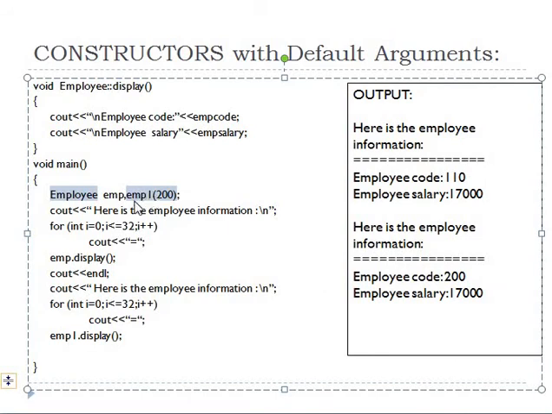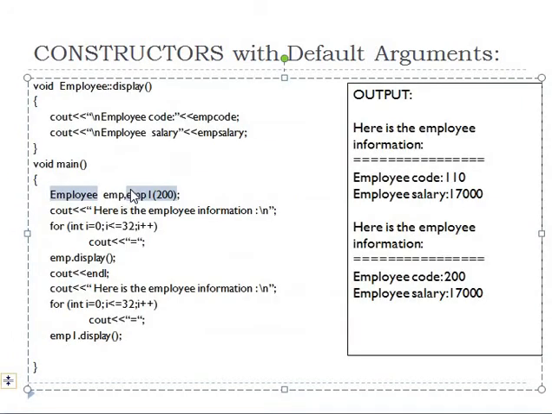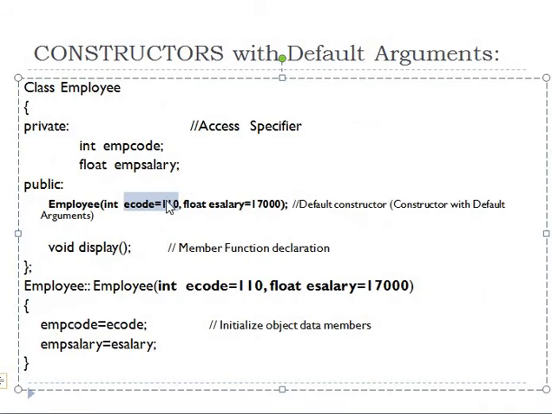Now if you look at this object emp1, it has a parameter with the value 200. This particular value 200 shall override the value in the first parameter eCode, meaning this value 200 shall replace the value 110 that is to be assigned to eCode.